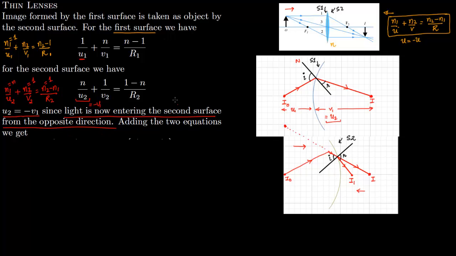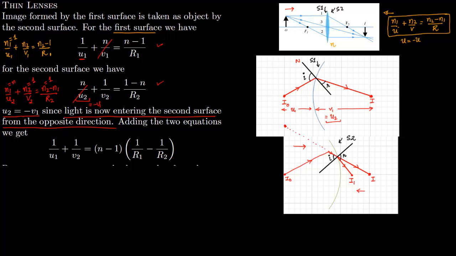So we need to add these two equations. You add this with this, and you will see that there is now minus v1 here, so this will cancel with this part, and you get 1 by u1 plus 1 by v2 is equal to n minus 1 times 1 by r1 minus 1 by r2.